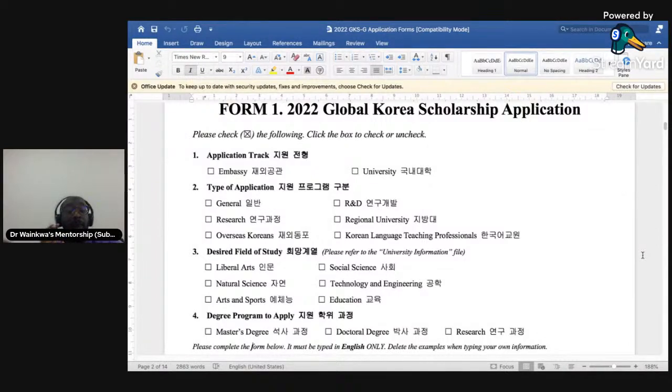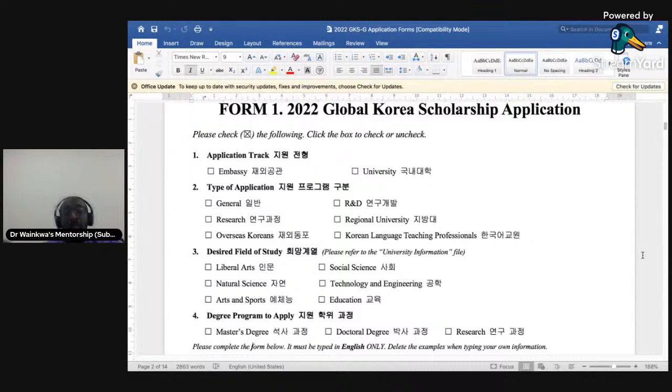Mind you, this looks very small, but you've got to tick. And please, like they put there, refer to the university information file. There is usually a file where they put all the universities. Again, don't go applying for a university that has not been picked as a participating university that year.